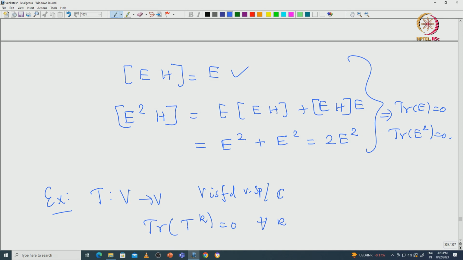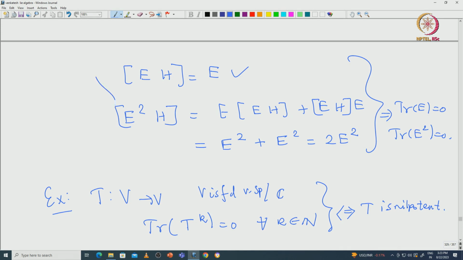One can assume k varying from 1 to the dimension of V, but anyway if it is true for all n, then T is nilpotent. This is also one characterization of T being nilpotent, because if T is nilpotent then any power of T will be nilpotent, and for any nilpotent operator the trace must be 0.